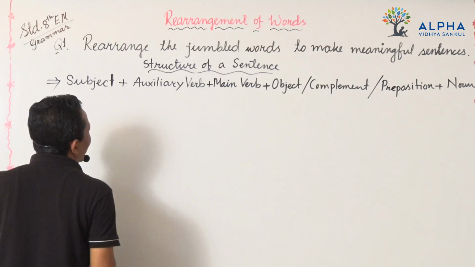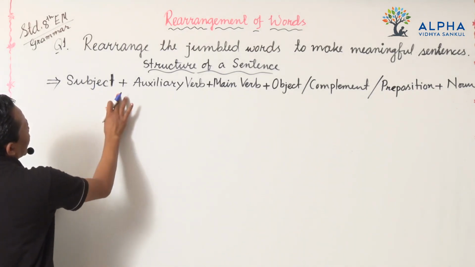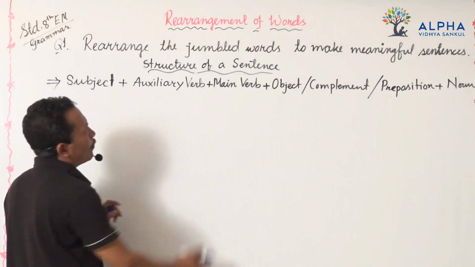But the most important thing is these three: subject, auxiliary verb, and main verb.